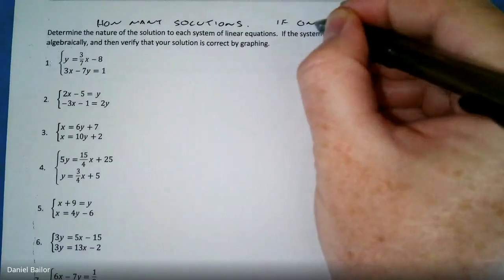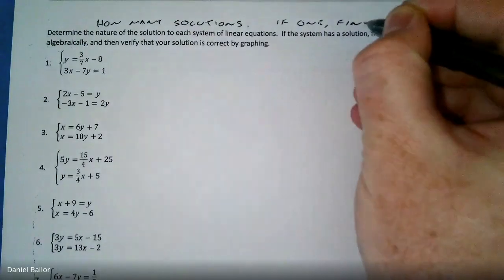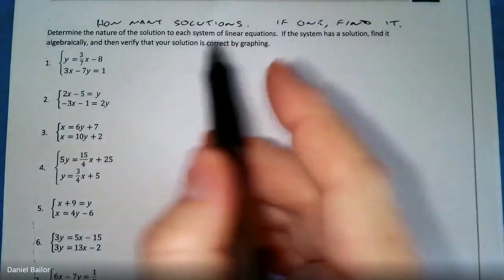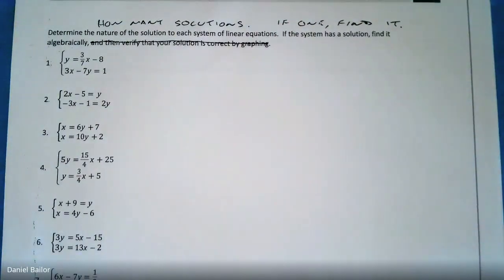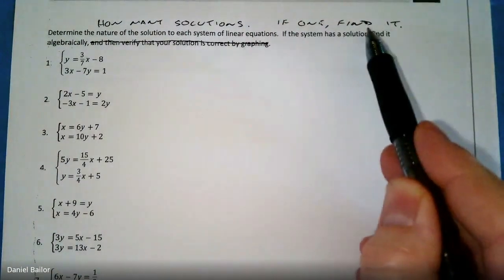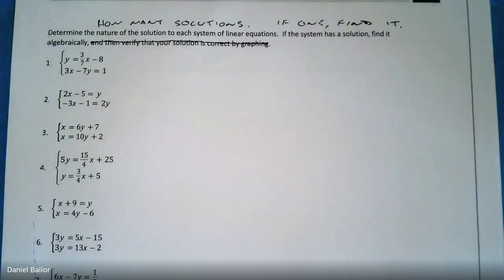If there is one, find it. And then it says verify your solution is correct by graphing. I'm going to say you don't have to do that today. You can do that if you want, but you do not need to graph to prove it. Just how many solutions, and if there is one solution, I do want you to find it.